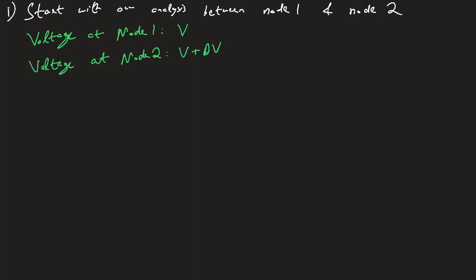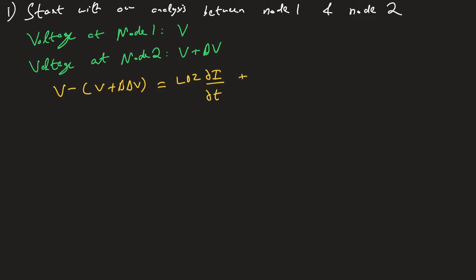So V minus (V plus delta V), the potential difference between these two, is equal to the voltage drop across the inductor. So that's L delta Z, which is the inductance of the inductor, times partial I by partial T, right? That's the voltage drop across the inductor.